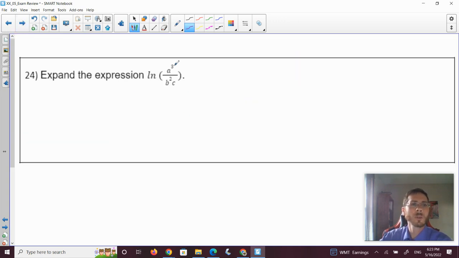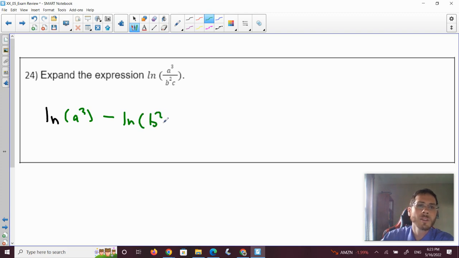All right, for 24, we have to expand, so we have to follow all of our rules. In this case, we see that we have a division, so I can turn that division, if I want, just into subtraction. So ln of a to the third minus ln of b squared c.